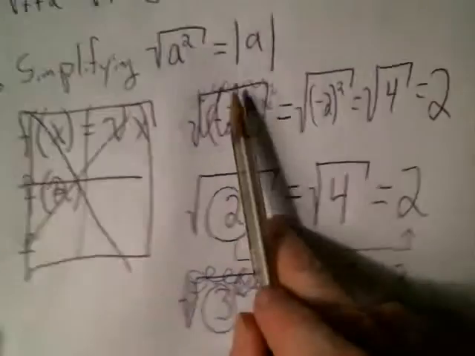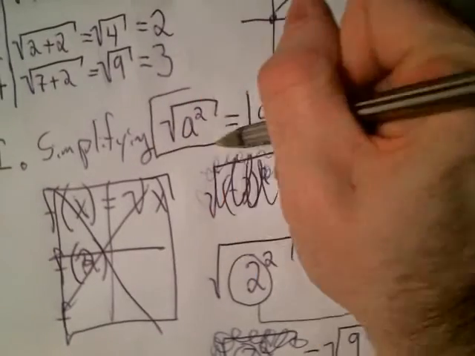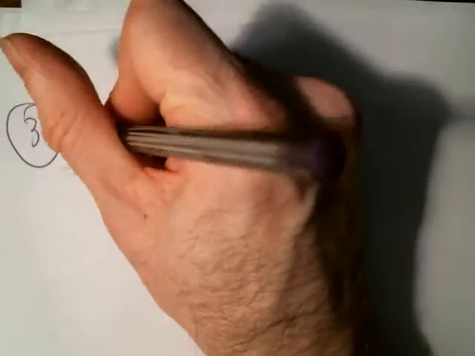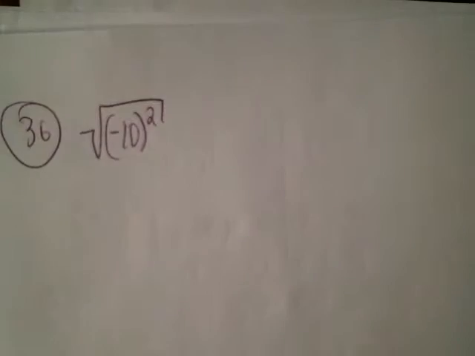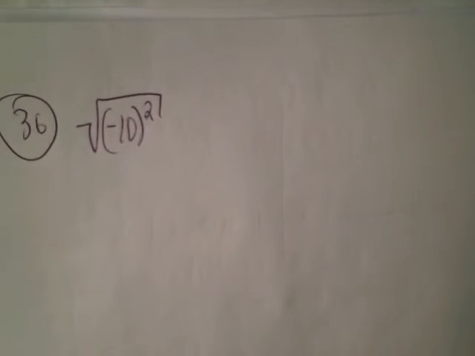And so we have to have this formula, okay, sadly enough. Whenever you deal with the square root of something squared, you have to rewrite it with an absolute value at the end. So, for instance, the square root of -10 squared.